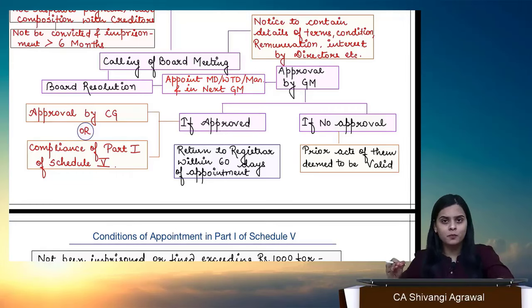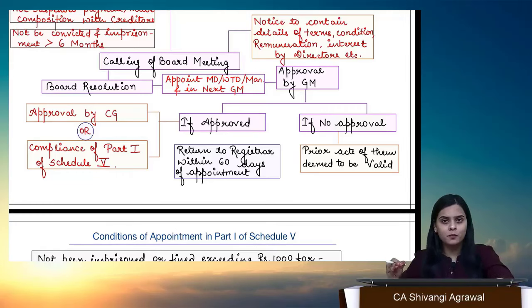But one more thing that we have to keep in mind is that whatever you pay to a woman director as well as an independent director should not be less than what you pay as sitting fees to other directors. So this is also one thing that you have to keep in mind. Okay.